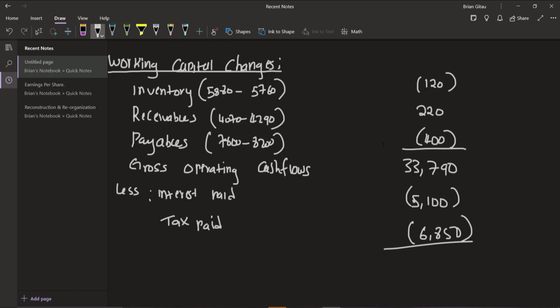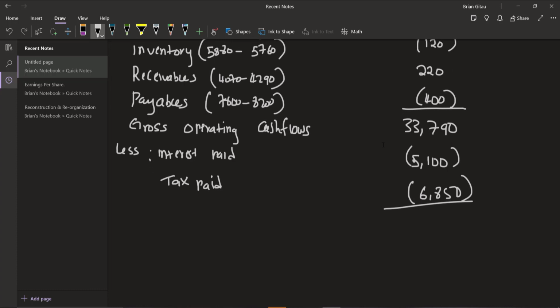So let me get the net cash flows from operating activities. 33,790 minus 5,100 minus 6,870 is giving me 21,840.